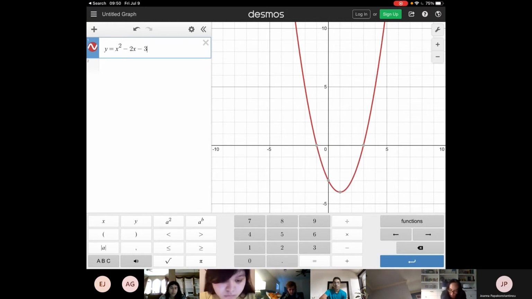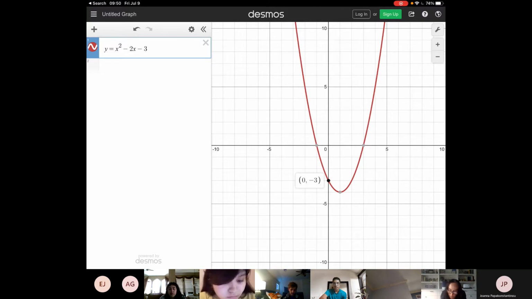And let's look what we have. That's beautiful. I see my y-intercept. I see my x-intercepts. I see my vertex. That's beautiful. That's absolutely beautiful.